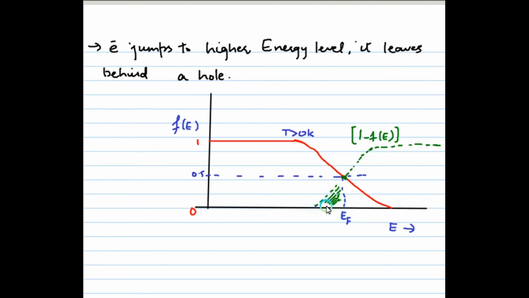The empty levels have a very low value, and then they increase with the energy, and they have a maximum value like this. Now these are the filled levels, the red ones, because the lower levels will still be filled, and these will be empty.